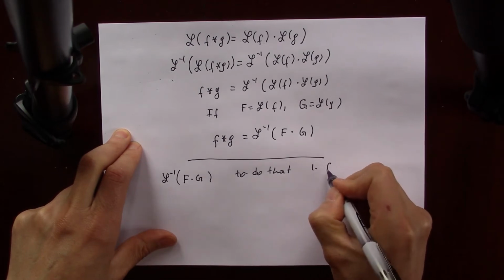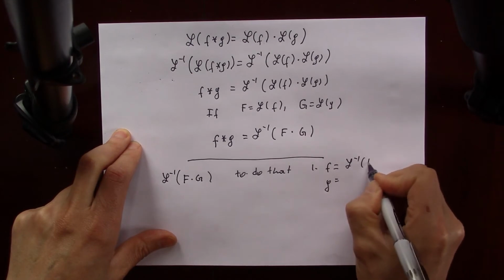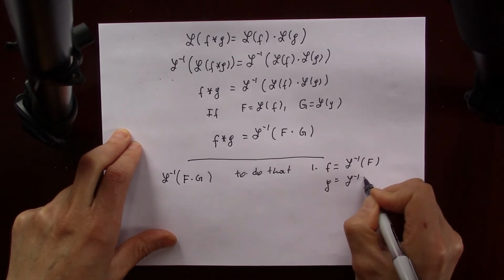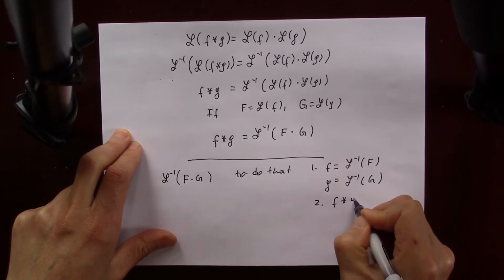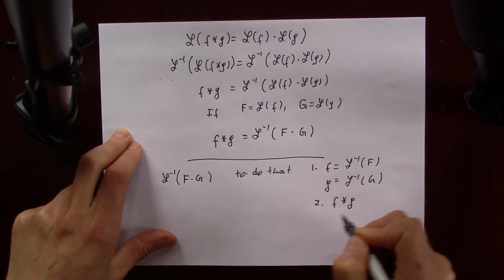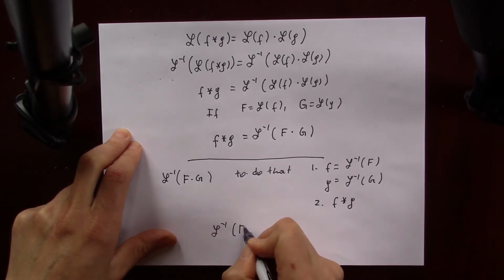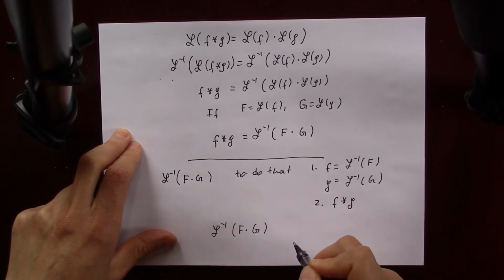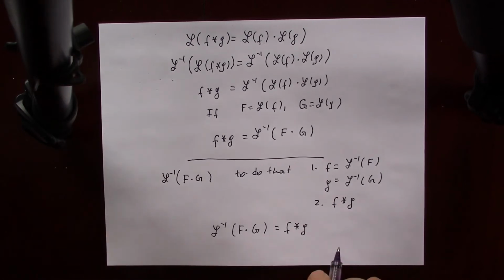First, we find little f and little g, which are Laplace inverse of capital F and Laplace inverse of capital G. And second, we find f convolution g, and as soon as we know f convolution g, we know what Laplace inverse of capital F times capital G is going to be: the convolution of f and g. That's the step you're going to be doing if we need to find Laplace inverse of a product of two functions. We're going to be using convolutions.